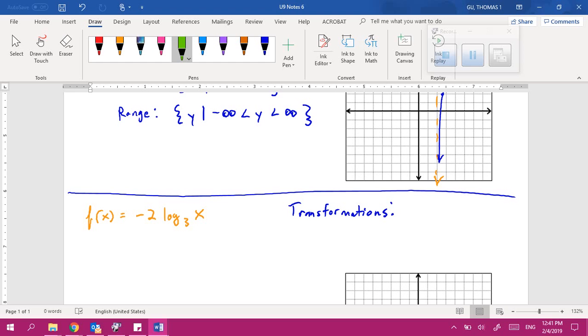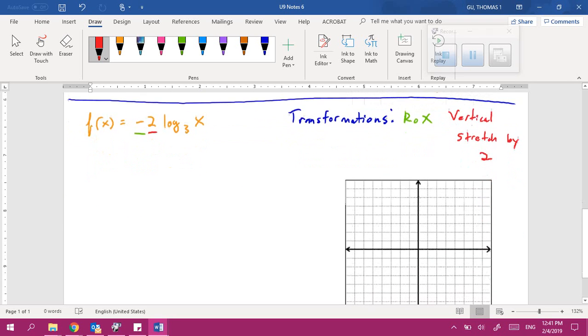What's the first one? Right, reflect over the x-axis. And what is the second transformation here? That's right, vertical stretch by 2. Those are our only 2 transformations here.